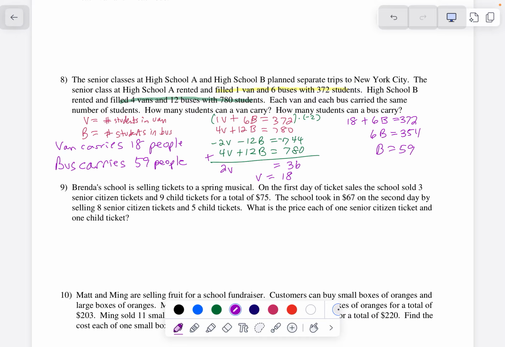Okay. So does that make sense? Well, sure, the van should be less than the bus. That's right. If we did 18 for the van and 6 buses of 59, you should get 372. So you should be able to put them back in and it makes sense to you. But always make sure you're summarizing what you got and then asking yourself, does it make sense?